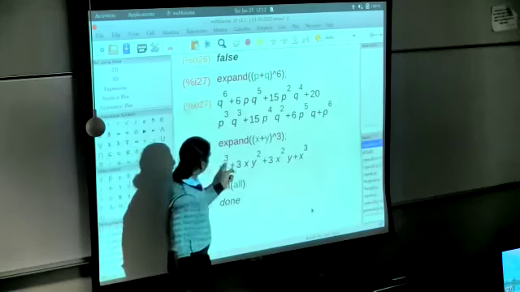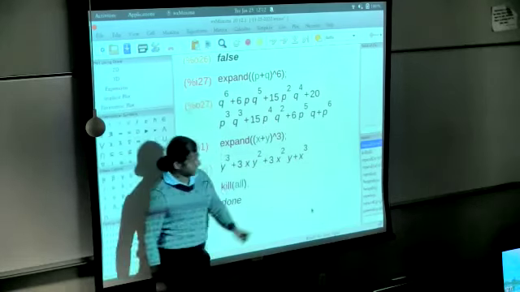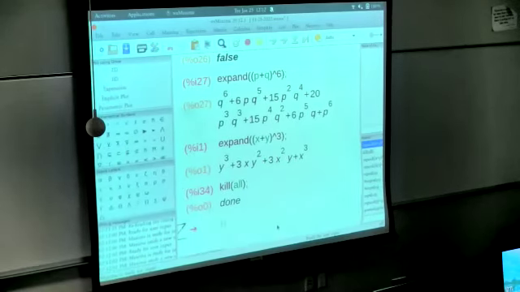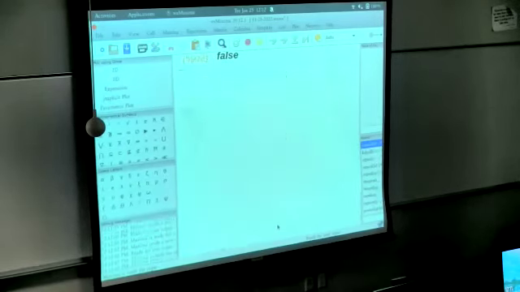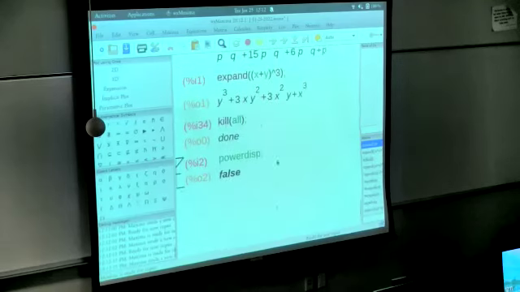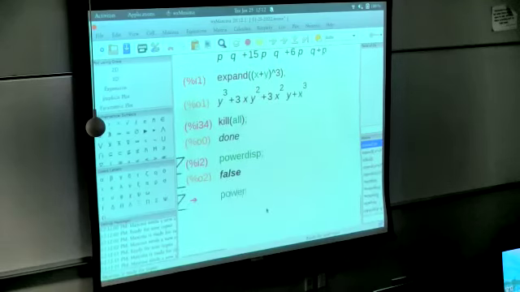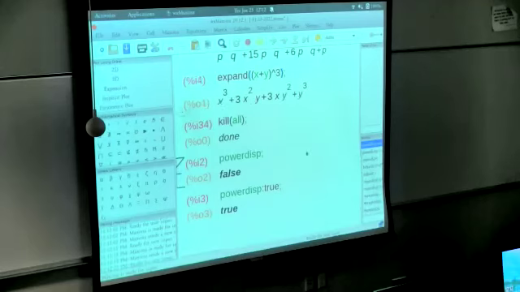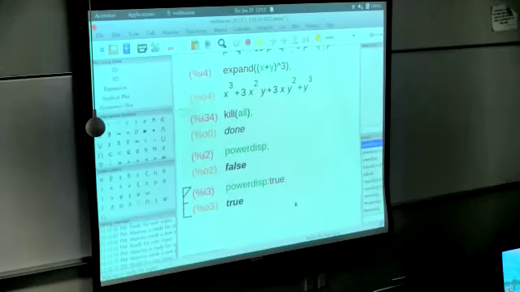So we have y cubed, xy squared, x squared y. Is my powerdisp on or off? False. Going to set it to true. Look it up. I think it's exptdisp. The exponent. I looked it up. I think that's what it's called.